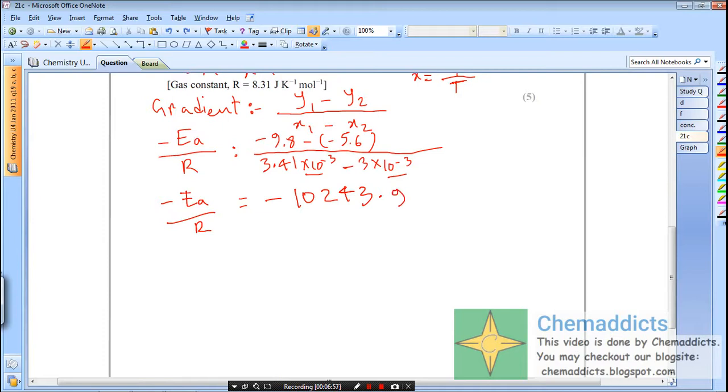As you can see, this is the value for the gradient, not the value for Ea, the activation energy. From here we will find the value of Ea.